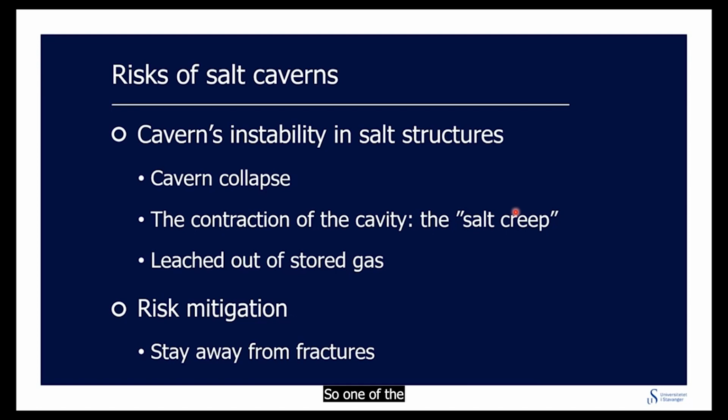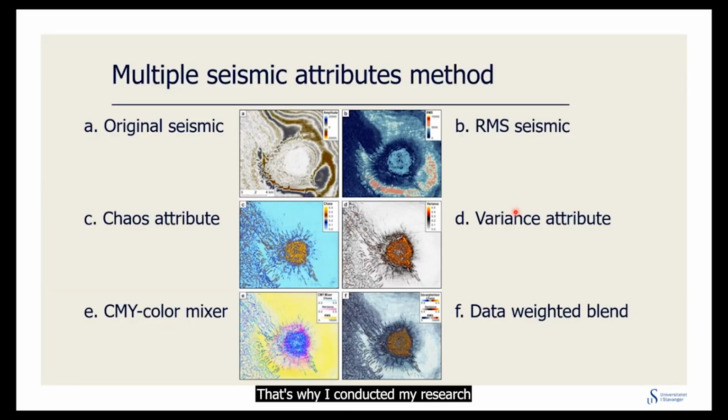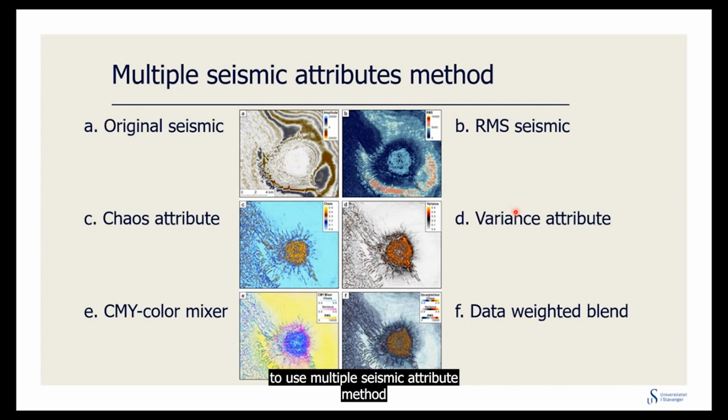One of the most important practices is that we should stay away from the fractures inside or surrounding the salt structures. That's why I conducted my research to use multiple seismic attribute methods to characterize the fracture zones around the salt diapirs.